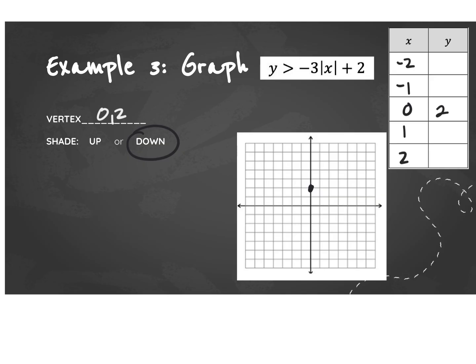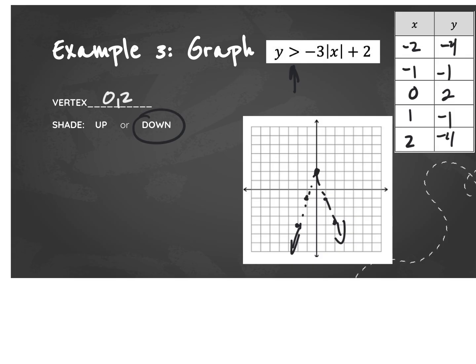When I fill those in, 1 becomes negative 1, and negative 1 up top becomes negative 1. Negative 2 becomes negative 4, negative 4. So negative 1, negative 1, 1, negative 1, negative 2, negative 4, dotted line, because that is dotted.